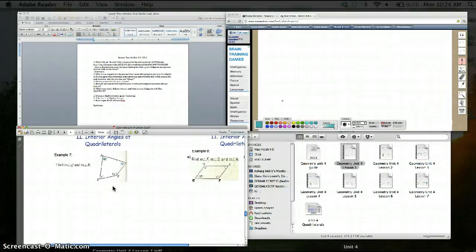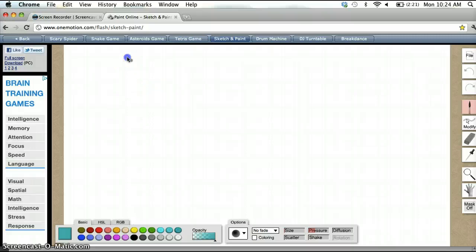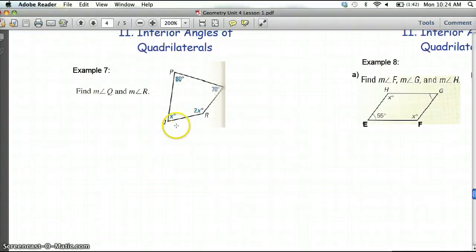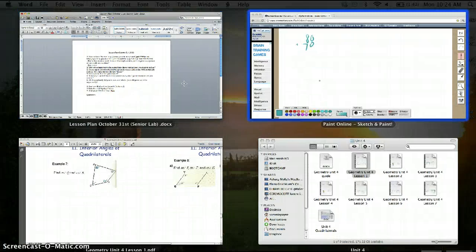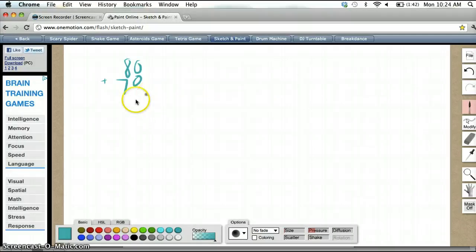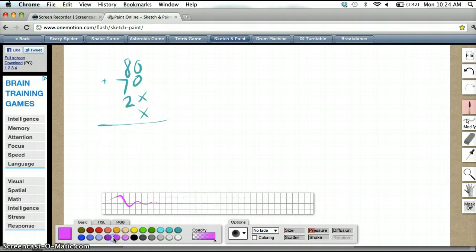So our first angle is 80 degrees and our second one was 70. So 80 plus 70. And then our third angle is x and our fourth is 2x. So we've got 2x and x. Now you're going to combine like terms. So you're going to combine the numbers and you're going to combine the numbers with your variables.